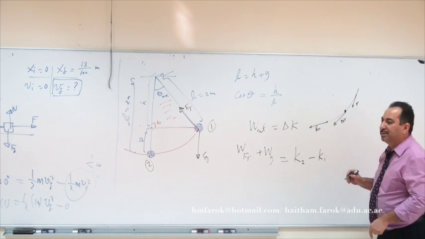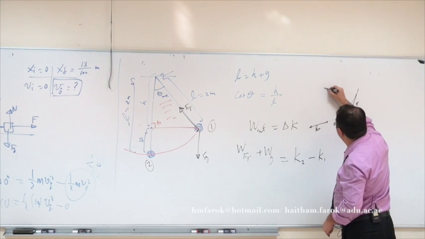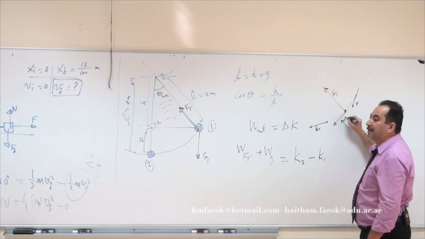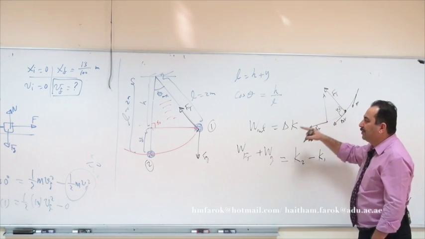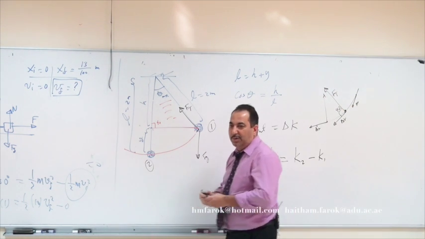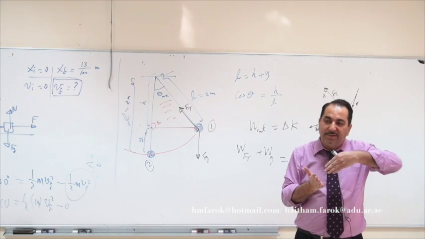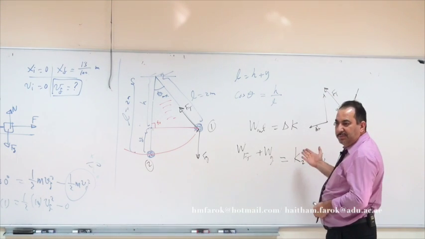At this point, where is the tension? Perpendicular on the arc. What's the angle between Ft and delta r? Always or sometimes? Always, because it's a circle. You know that in geometry, the radius and the tangent are always perpendicular, at 90 degrees. This is the radius, this is the tangent.